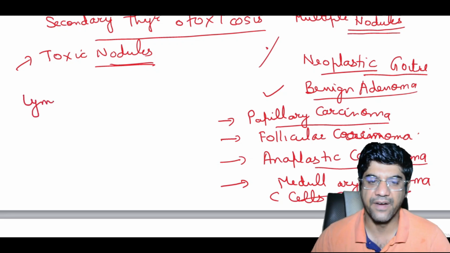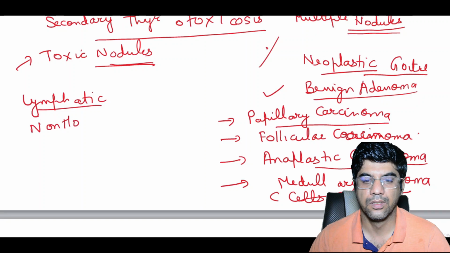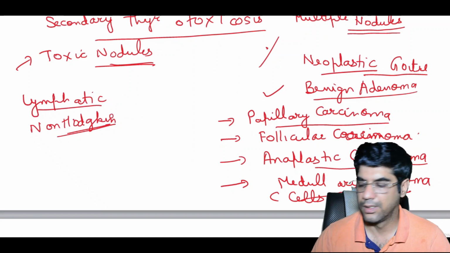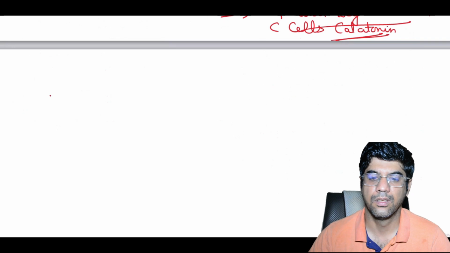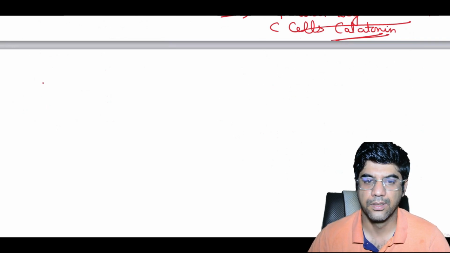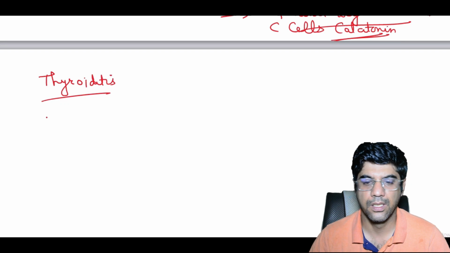Arising from lymphatic tissue is non-Hodgkin type. The other type is thyroiditis, that could be granulomatous thyroiditis.